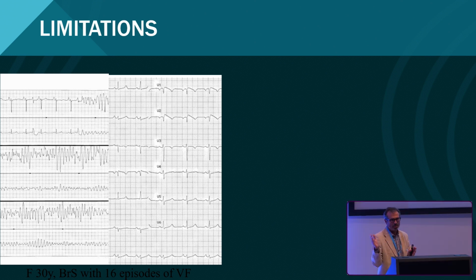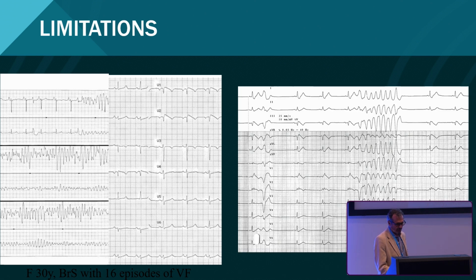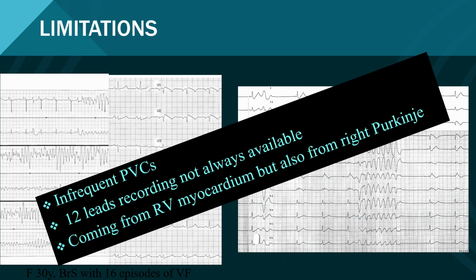Each VPB starts a ventricular fibrillation event, so not a very comfortable ablation, and you may also have too few ectopics to guide your ablation. So this strategy, aiming to target the trigger that initiates ventricular fibrillation in these patients, may work, but it's not always easy.